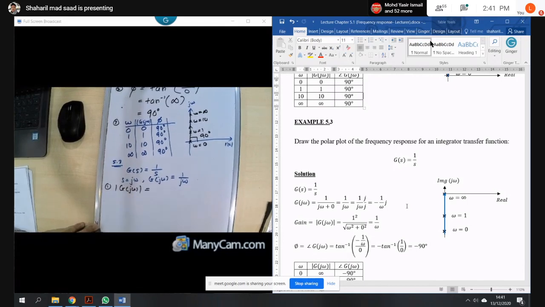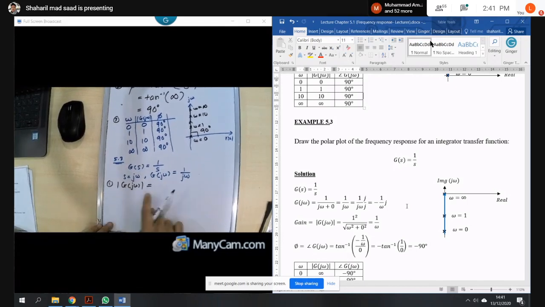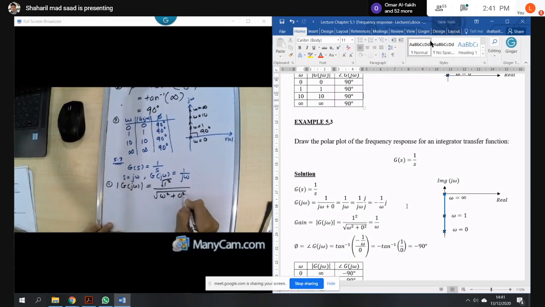It is equal to the square root of 1 squared over omega squared plus 0 squared, because this is 1 over. Then we get 1 over omega.